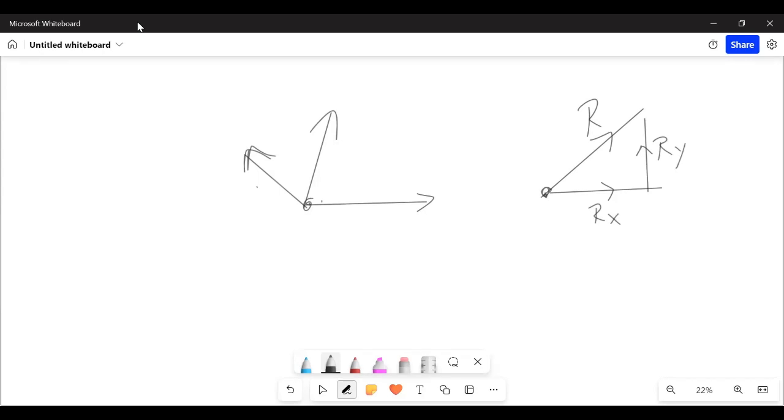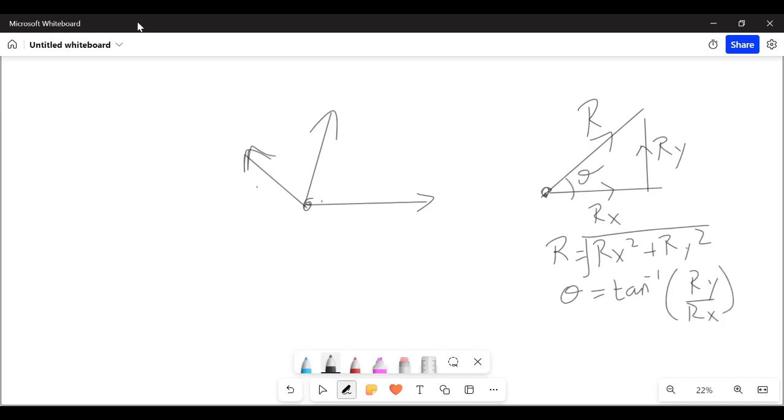This X and Y component is used in the Pythagoras theorem like this, connecting R with Rx and Ry. And it will be used to find theta as well, using tan inverse of Ry over Rx. So it helps you to get the angle of the resultant force.